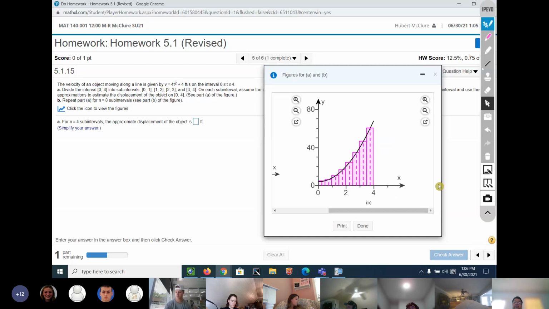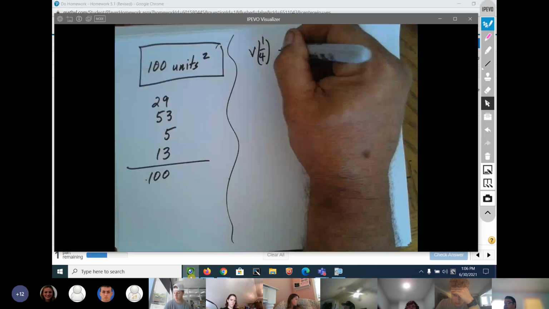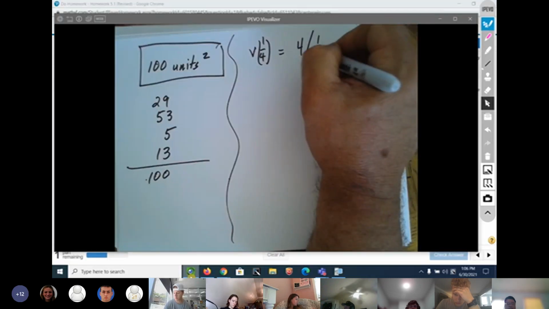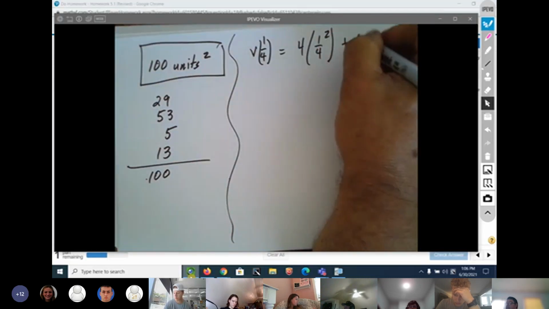Okay, there's 1. So there's a 1/2. So this first midpoint is a 1/4. So you're going to do V of 1/4 is equal to 4 times 1/4 squared plus 4.